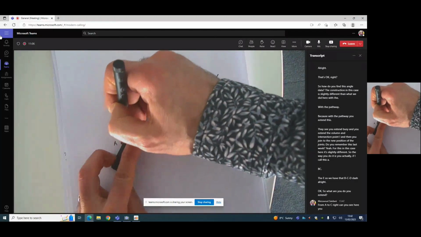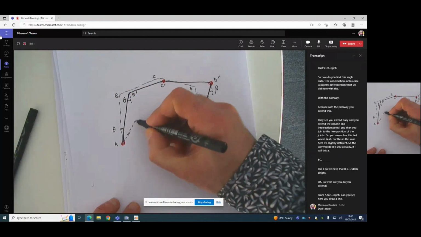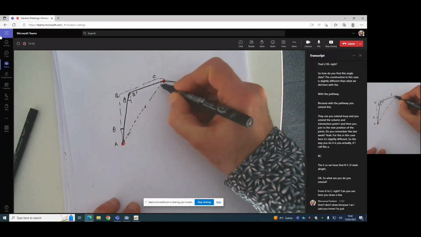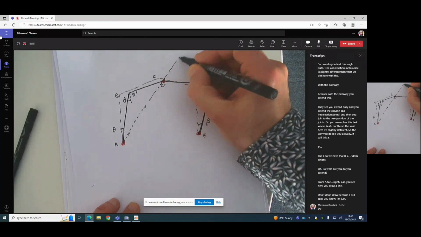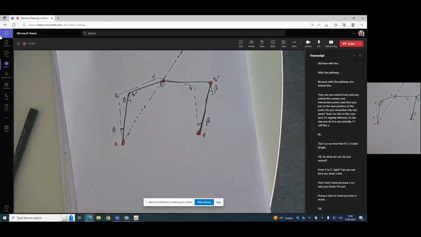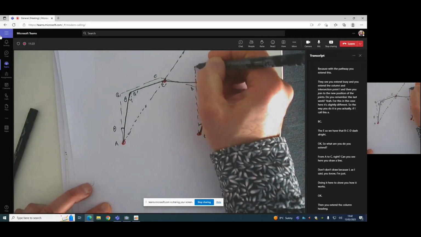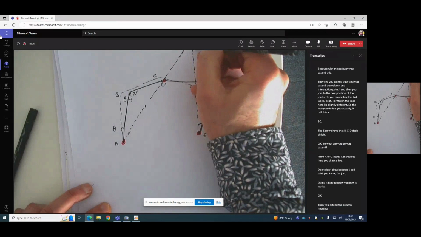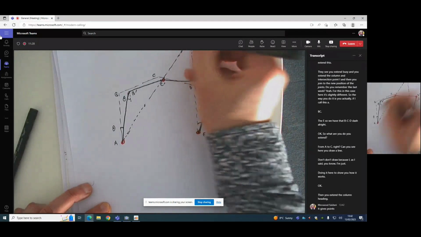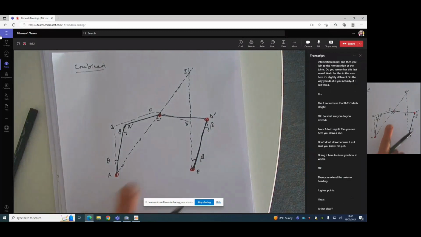You draw a line. Don't draw, because as I said, I'm just doing it here to show you how it works. Okay. Then you extend the column, ED. It gives point I here. Is that clear? Yeah.